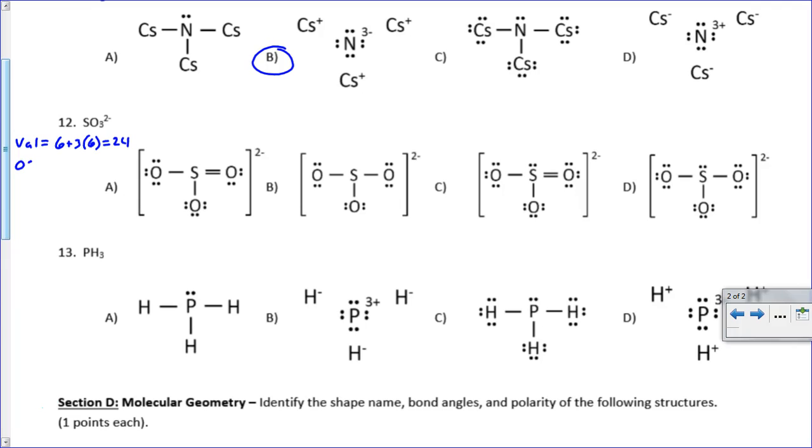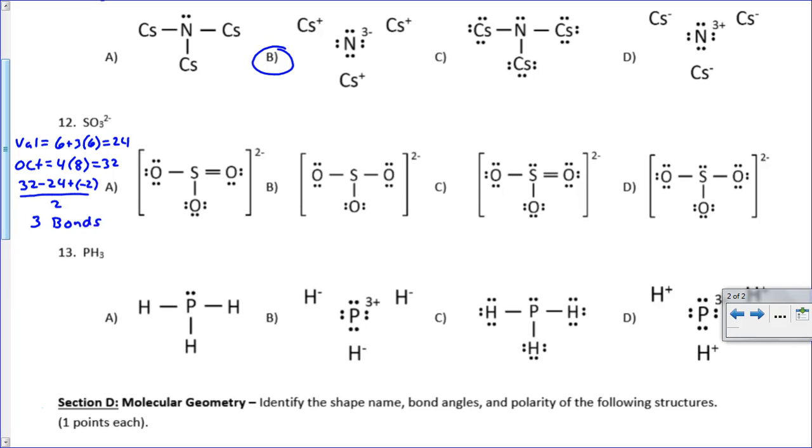For the octets, there's 4 atoms that are all non-hydrogen, so they all want 8. So 32, and then you do 32 minus 24 plus the charge, plus -2, all divided by 2, and you get that there are 3 bonds in this one.